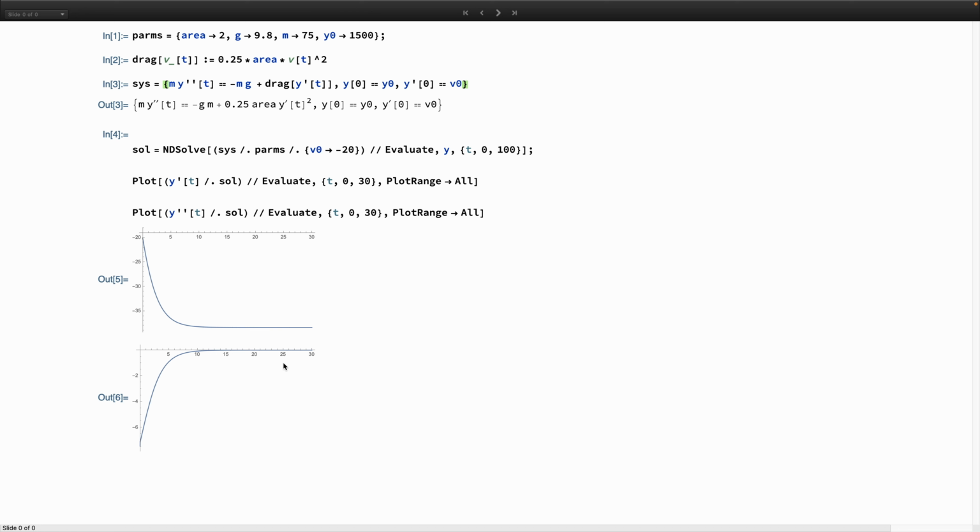Here is a plot of the acceleration as a function of time. We can see that the skydiver is accelerating downward, picking up speed. However, the rate at which the skydiver is picking up speed is decreasing, and the acceleration asymptotically approaches 0 as the skydiver's speed asymptotically approaches the terminal velocity of about 38 and a quarter or so meters per second downward.